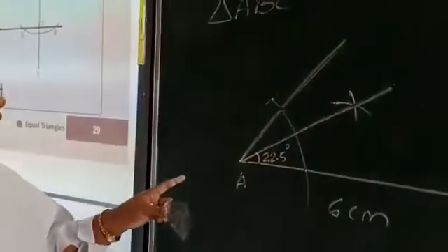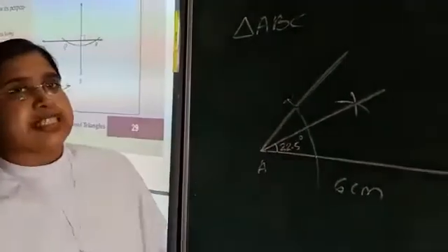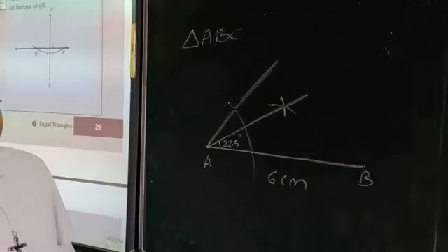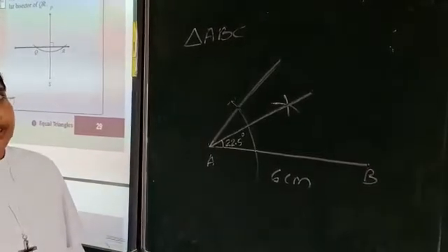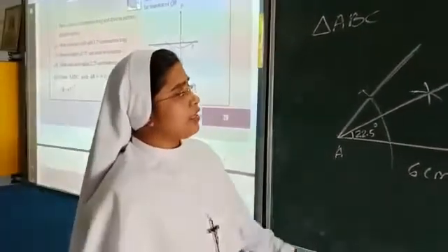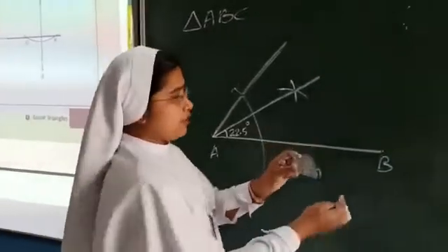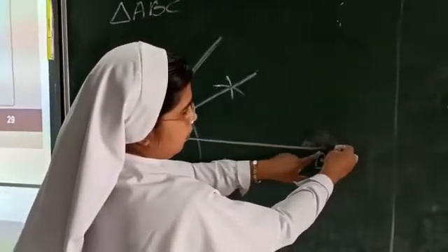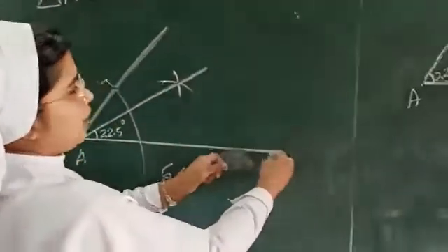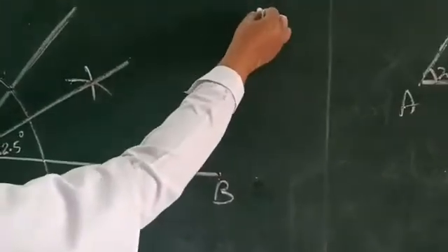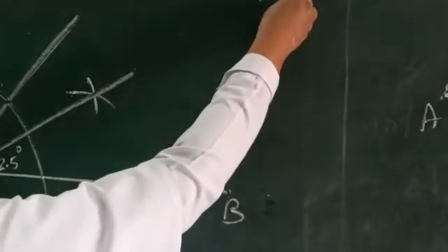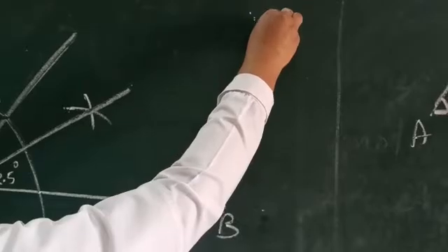Now what is B? B is 67.5. So what is double of that one? 135. Okay. So now again using the protractor, you keep the midpoint here, and get a 135 degree angle. So it may be here.